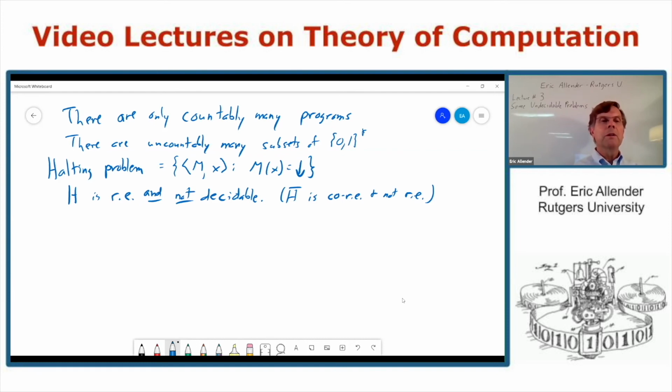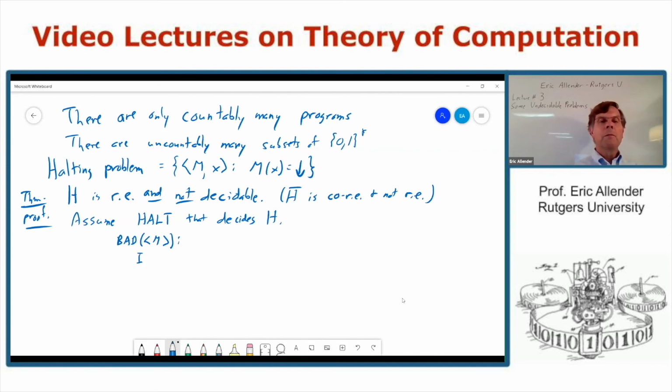Okay, so how do we prove this? This is a theorem. It'll be a proof by contradiction. Assume otherwise. So in particular, assume that halt is some subroutine, some program that decides H. Well, then consider the following program, which I'm going to call bad. Bad takes as input the encoding of a machine M, and what does it do?